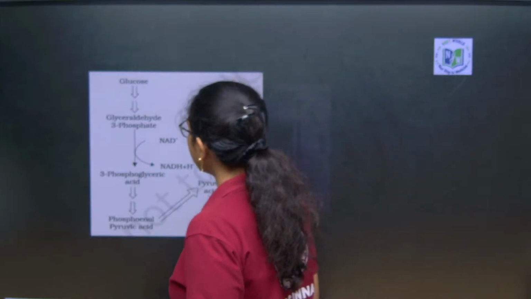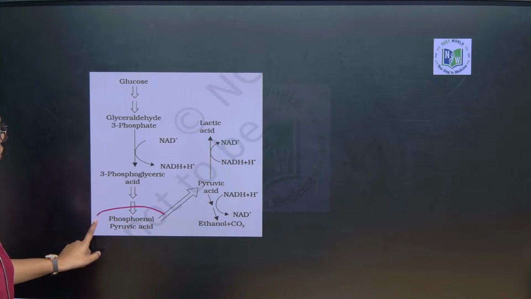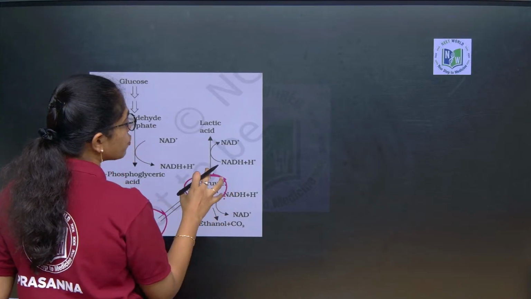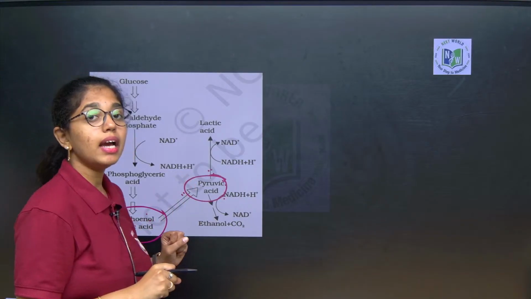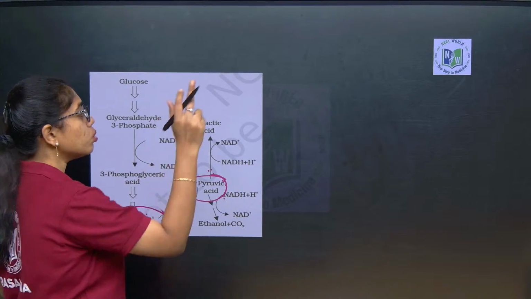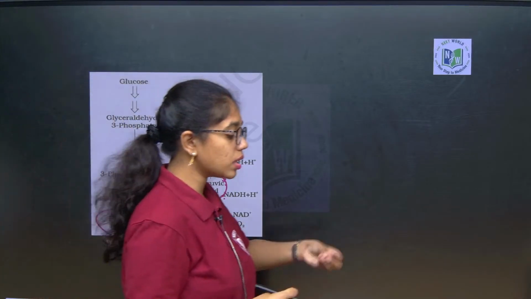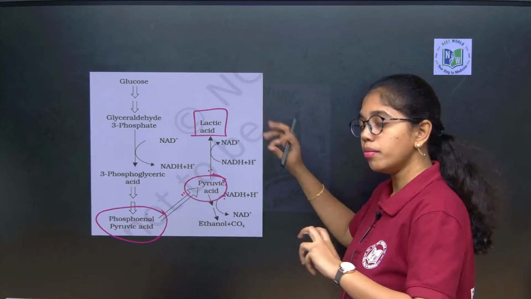And then if you see the fermentation process, once the phosphoenol pyruvate turns to pyruvic acid, which is formed at the end of glycolysis, if it is conducting anaerobic respiration, 2 paths can happen. One is lactic acid fermentation, which occurs in the muscle cells in eukaryotes and usually in prokaryotes.